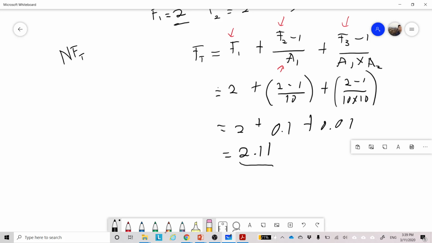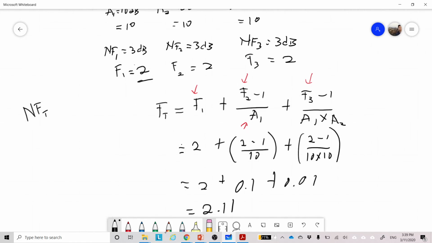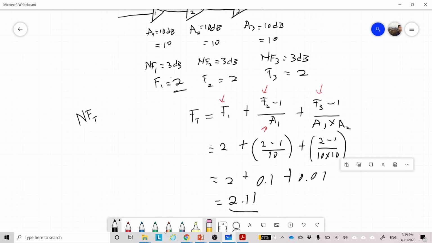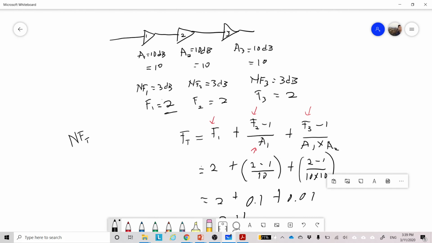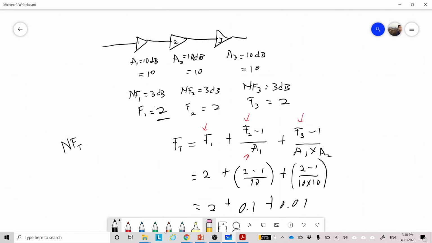Okay. So macam mana kita nak kurangkan noise factor dia? Ini pernah ditanya dalam test. Okay. How do we want to reduce the total noise factor?